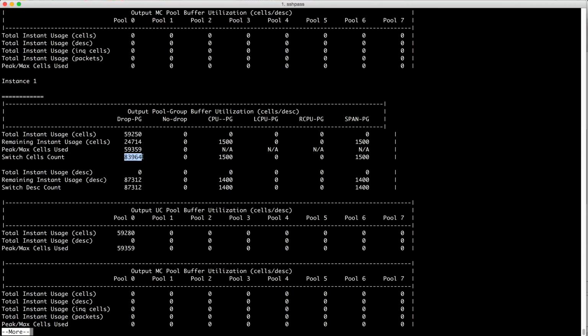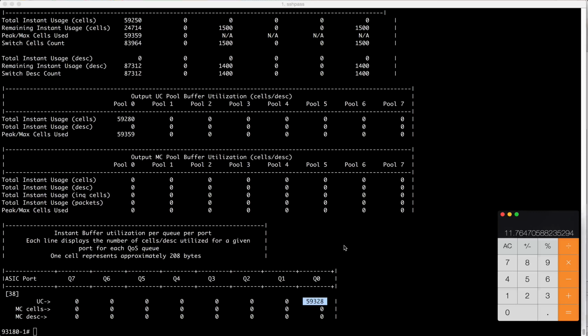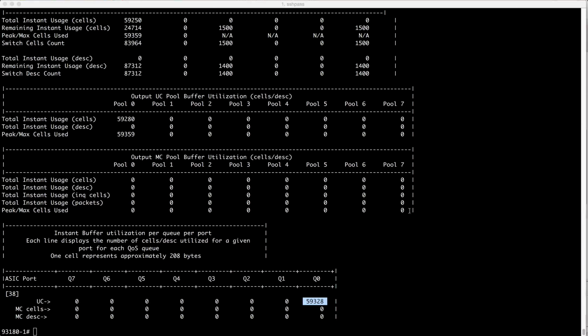It's not totally used because we have some dynamic queue limit mechanisms to make sure there's still a little bit of space, but you see a big part of it is consumed by those elephant flows. We can see here in Q0, the port 38, with the show internal command, it indeed maps to 43. So here we confirm lots of buffers are being used. The cell size is 208 bytes, so it's consuming around 12 megabytes of buffer.